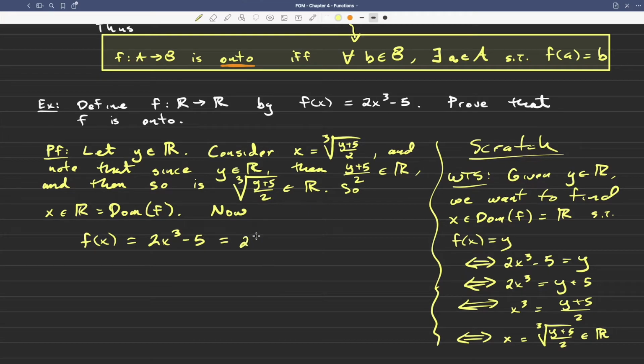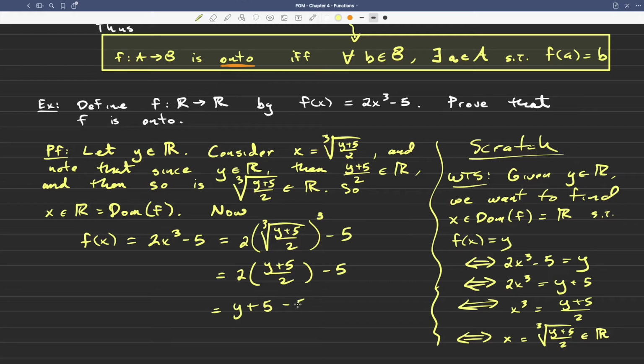Then that's 2 times the cube root of (y plus 5) over 2, cubed, minus 5. If I cube the cube root, the cube root and the cube cancel each other, so I'm just left with 2 times (y plus 5) over 2. Those 2's cancel and you get y plus 5 minus 5. Then those 5's cancel and you're left with y.